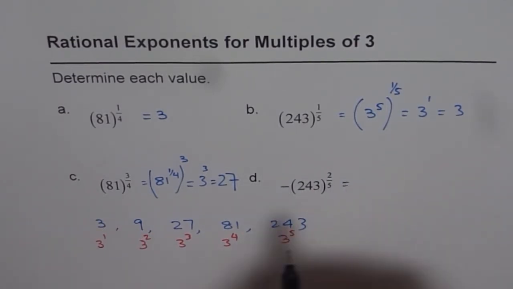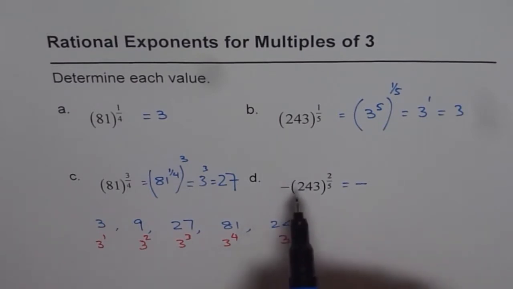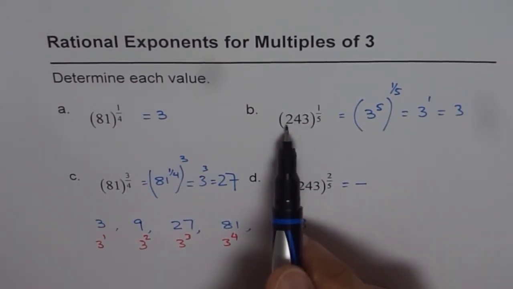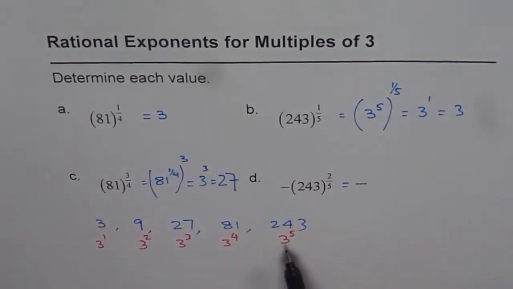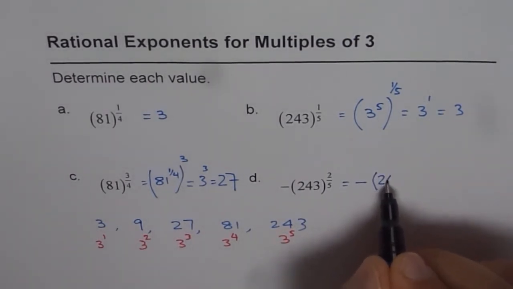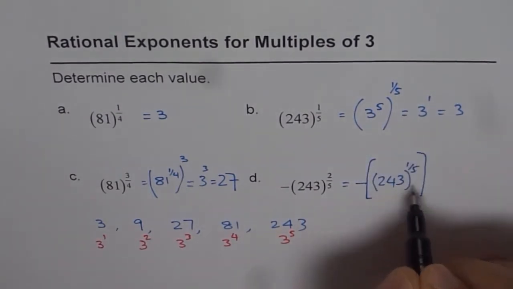Next one, minus. Minus outside, so we'll just keep it outside. 243 to the power of 2 over 5. We just calculated 243 to the power of 1 over 5 is 3, right? Or 3 to the power of 5 is 243. So we could write this as 243 to the power of 1 over 5, and then we can square everything, right?